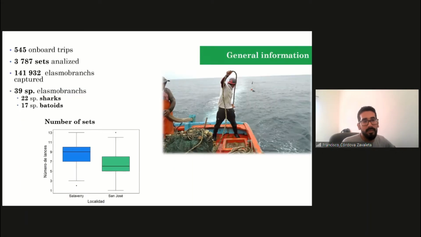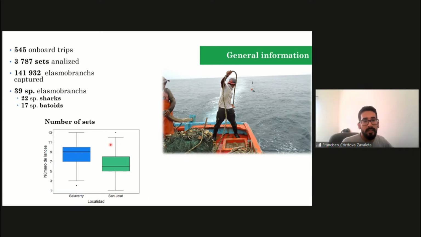Some general information about this study: more than 500 onboard trips, more than 3,000 sets analyzed, almost 142,000 elasmobranchs captured, comprising 39 species of elasmobranchs, which were 22 sharks and 17 batoids.